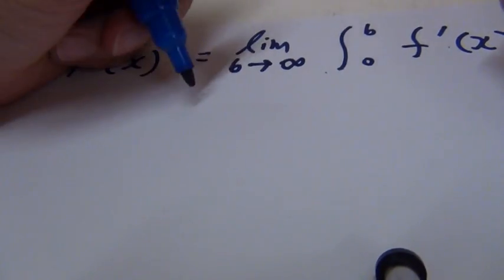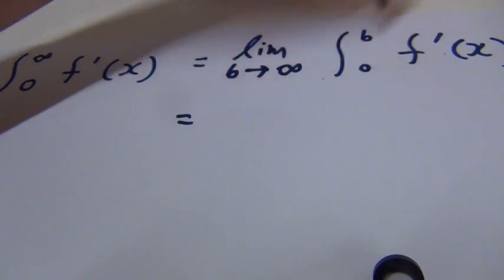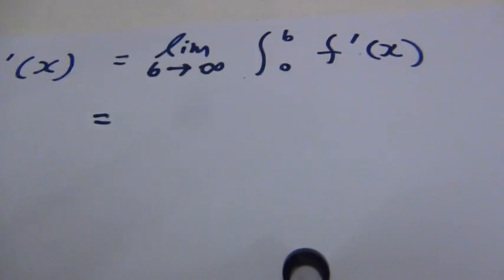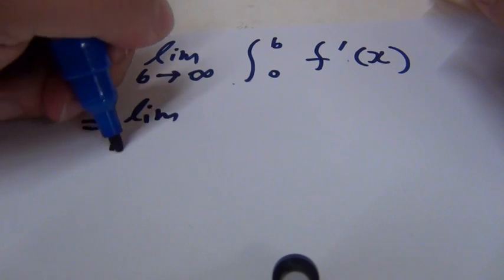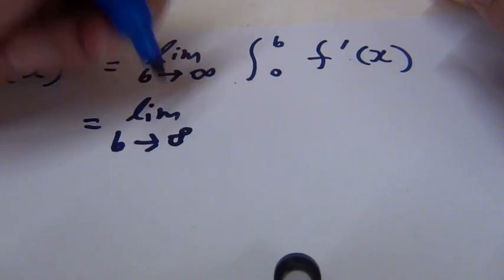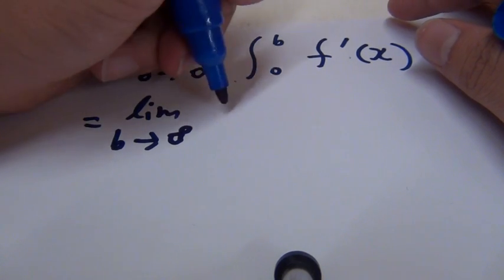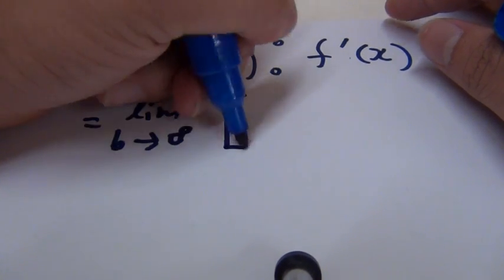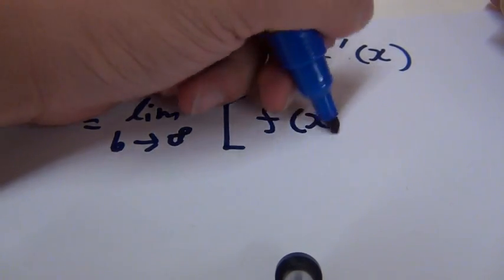Next, we integrate our function as normal. Copy back this one first, and then when you integrate f dash x, you get f x.